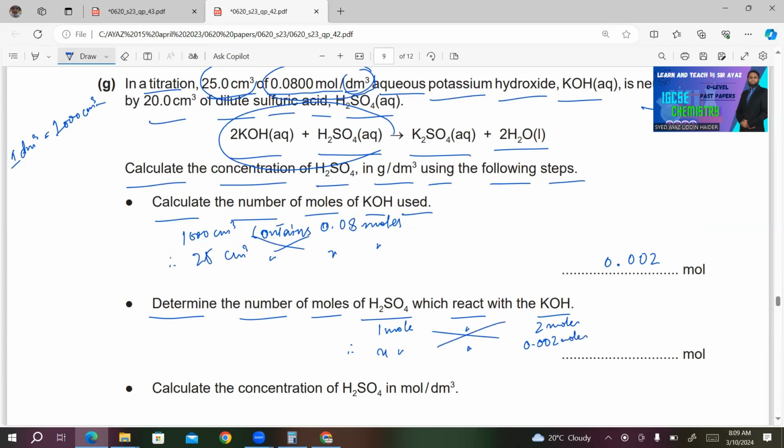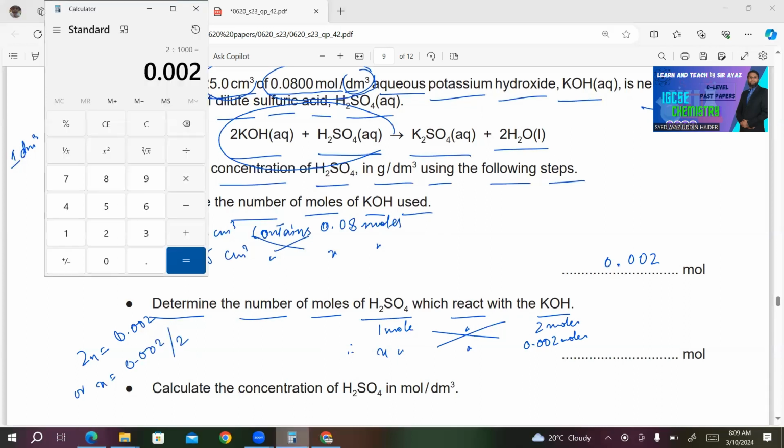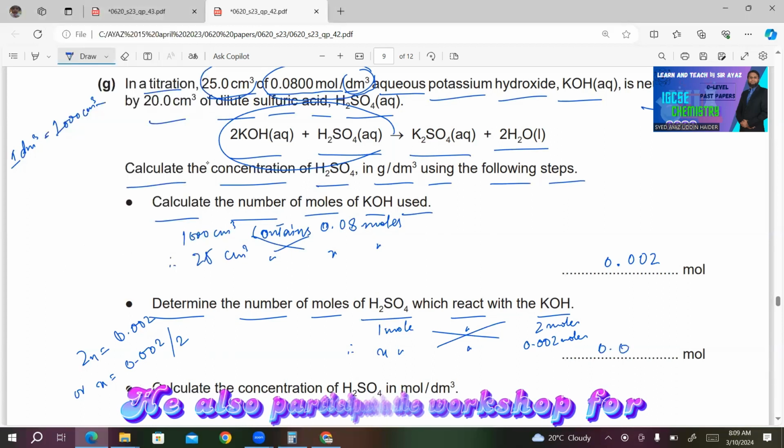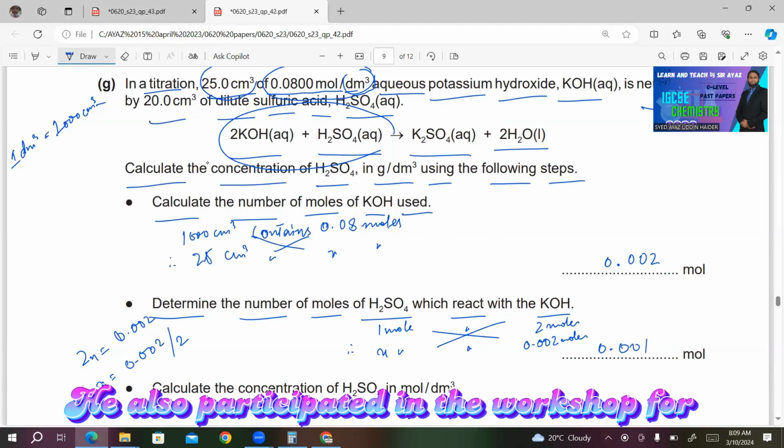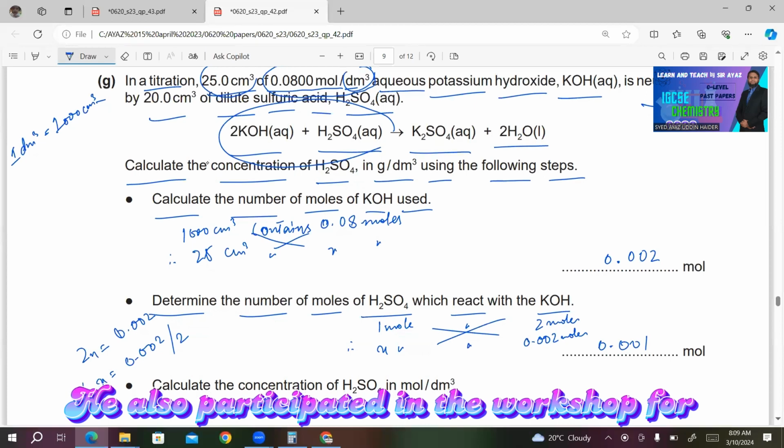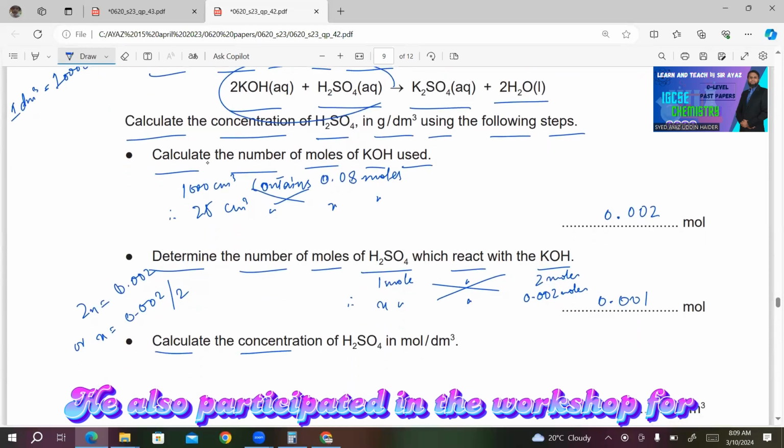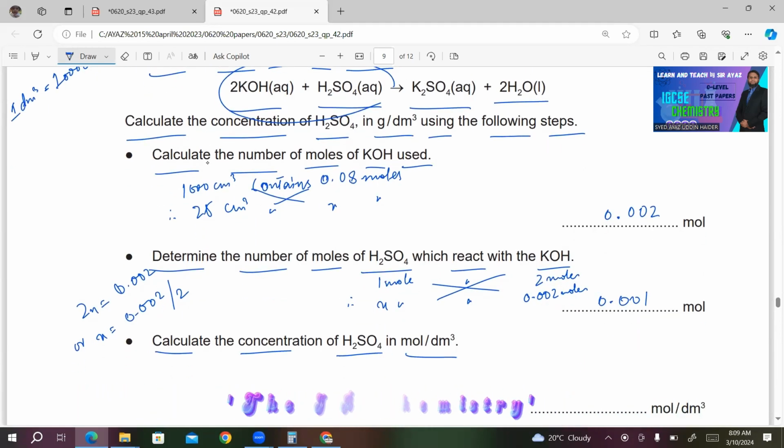Do the cross multiplication in order to find the value of X. We will get 2X is equal to 0.002, or X is equal to 0.002 divided by 2. What will we get? 0.002 divided by 2 is 0.001 moles of H2SO4.